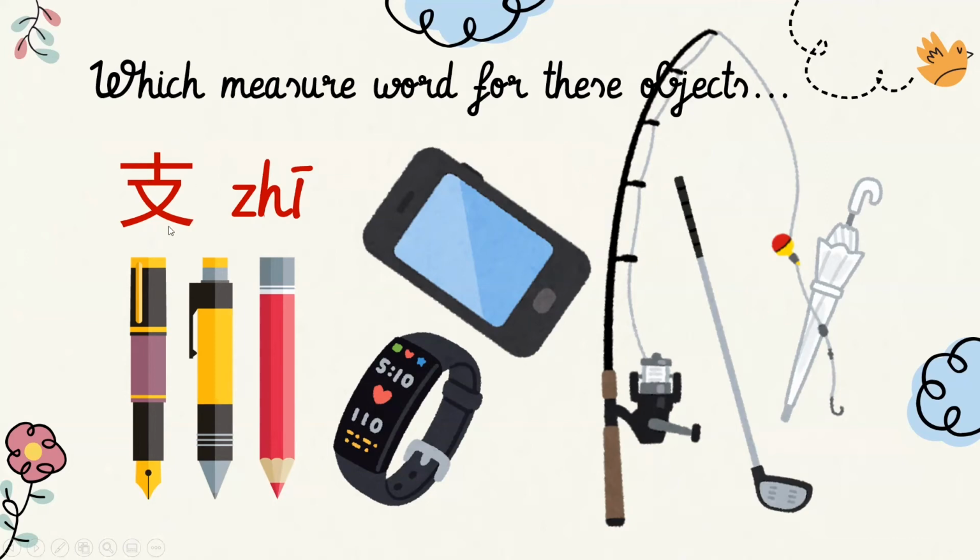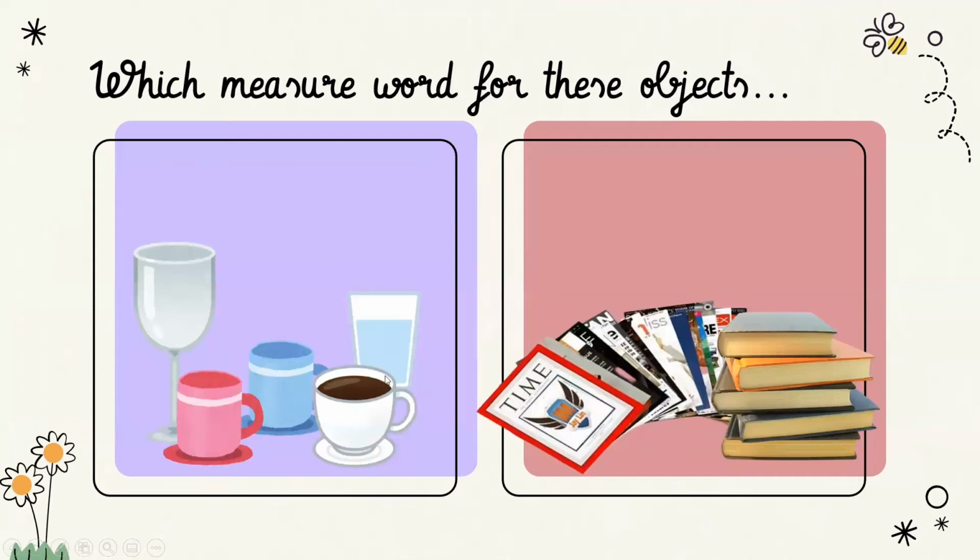Okay, then next one. Look at the picture on the left side. There are so many kinds of glass and cup, right? What measure word will we use if you want to talk about a cup of something, a cup of wine, a glass of wine, a glass of water, a cup of coffee?